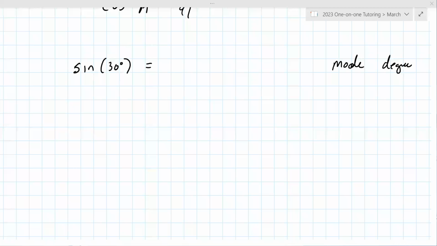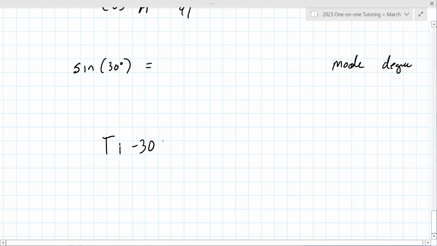There, I sent it to you. All right, very good. Appreciate you doing that. The model of this one is a TI-30XA. Okay, that's what I meant by model.